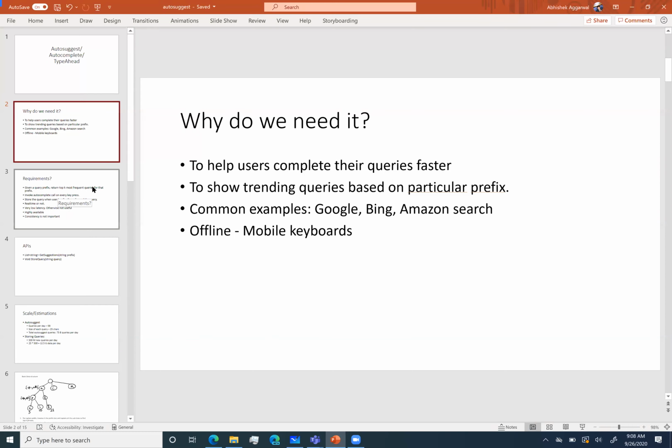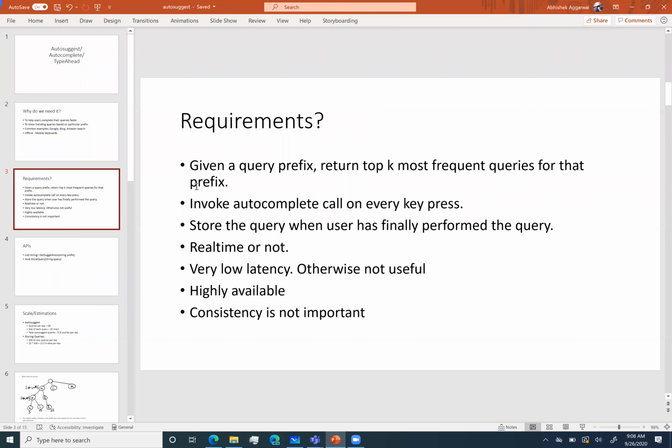Okay, so now moving on to requirements. In my mind, the requirements for this feature would be that given a prefix, you have to return the top k most frequent queries for that prefix. This is the basic thing you have to do. And this autocomplete API call should be invoked on every key press. Every time a key is pressed, this API will be called.